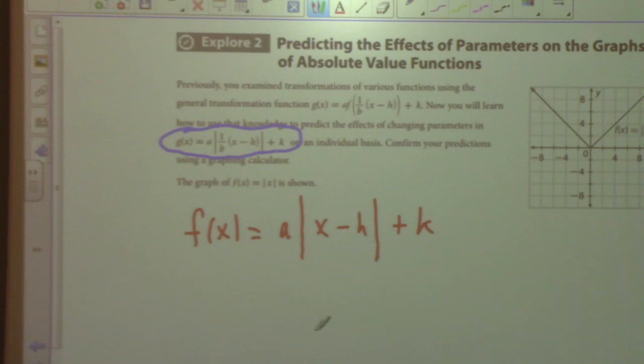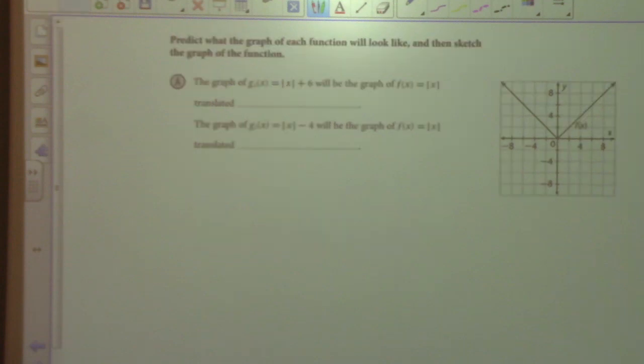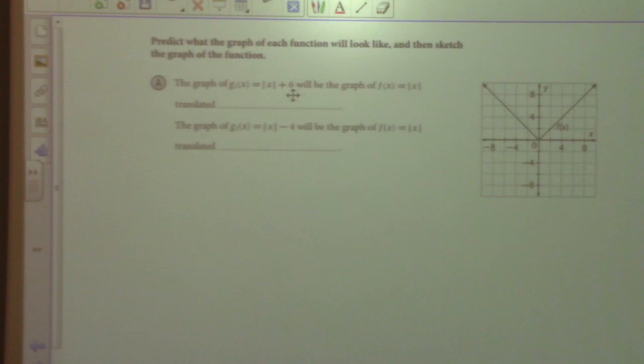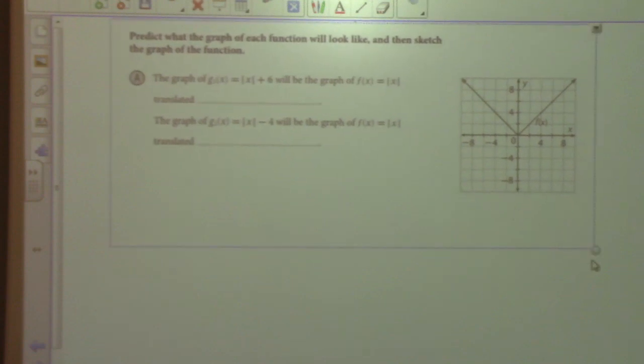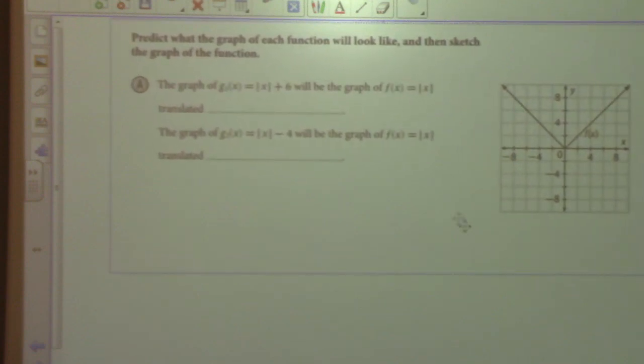But you see this takes the same format we use for the quadratic function, and also will be for other functions throughout the year. So basically what you've learned is going to carry on to apply. And so predict what the graph of each function will look like, then sketch the graph of the function.